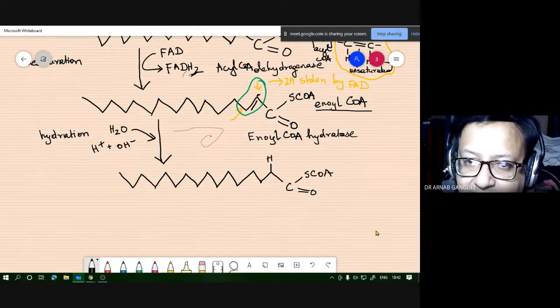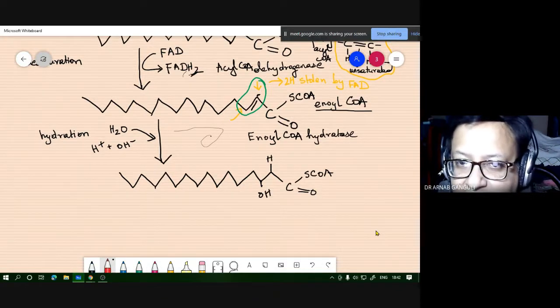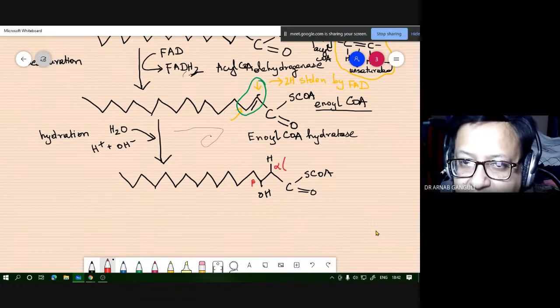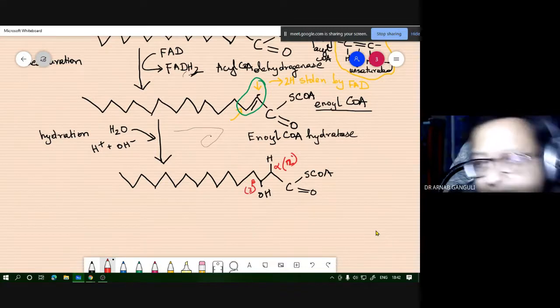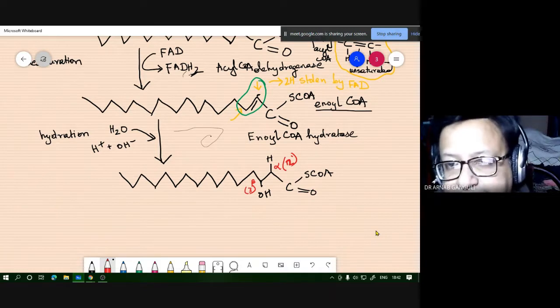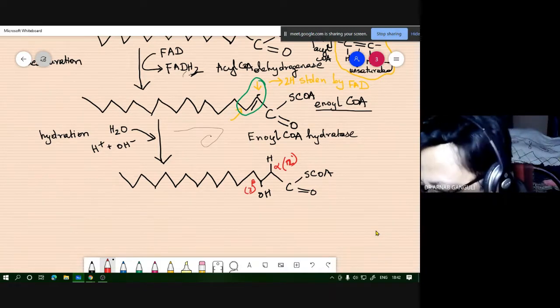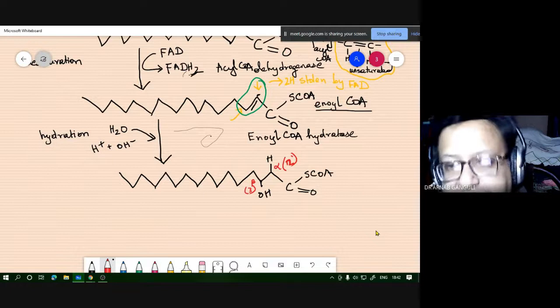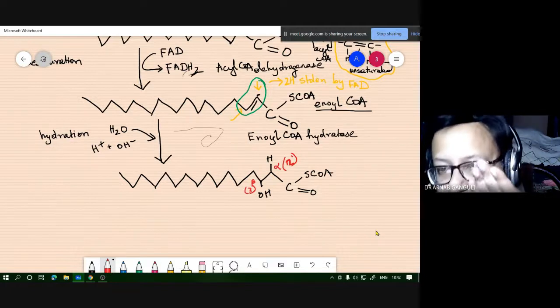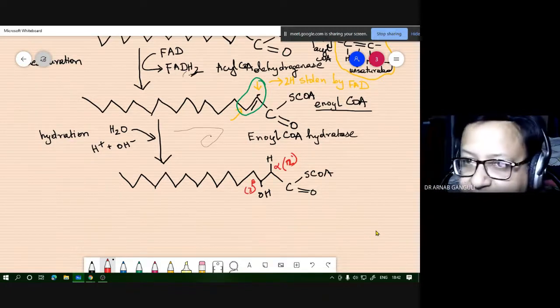Here an H comes and here an OH comes. This is the alpha carbon and this is the beta carbon, or you can call them carbon number 2 and carbon number 3. The double bond disappears and this particular hydration takes place. H comes in on one side and OH on the other.